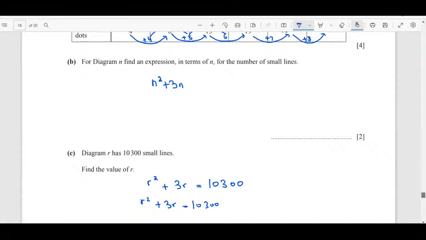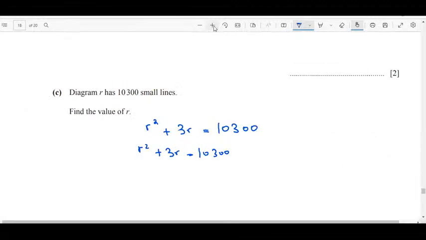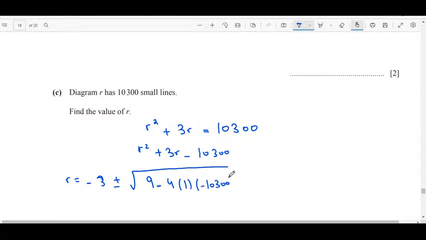For finding the value of R, I can use multiple ways, but the most suitable one would be the quadratic formula. So R is equal to minus B plus or minus under the root B squared minus 4AC, divided by 2A.